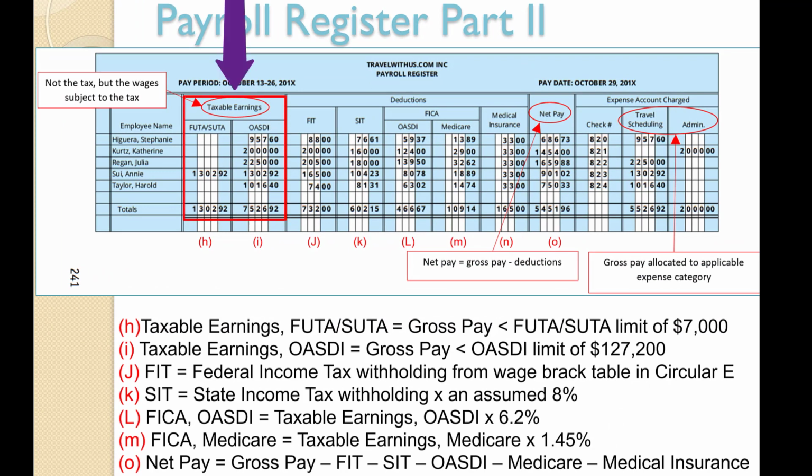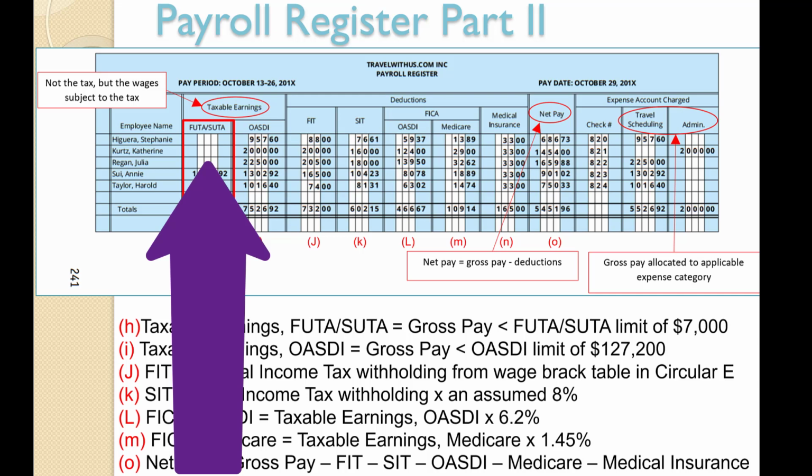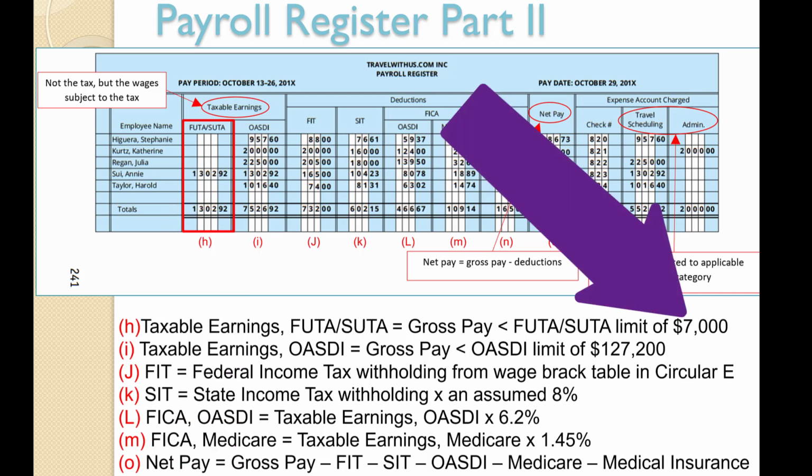The first set of columns, notice, are called taxable earnings. Now remember, this is not the tax, but these are the wages subject to these particular taxes. The first set of taxes is FUTA SUTA. They're both in the same column because they both have the same wage base, $7,000.